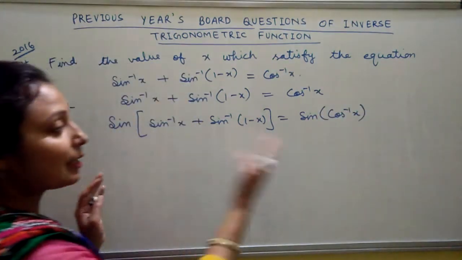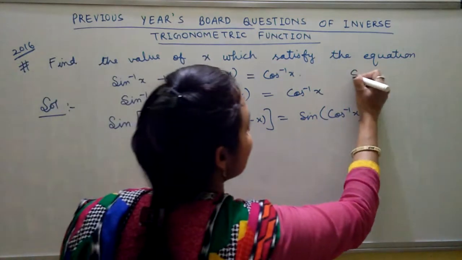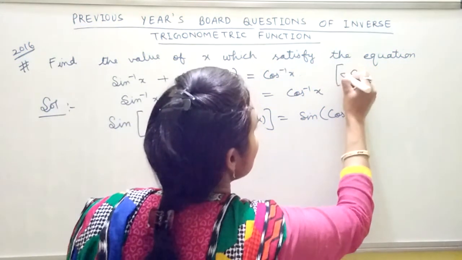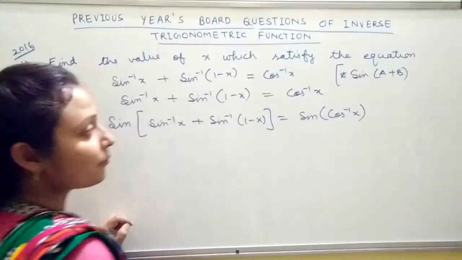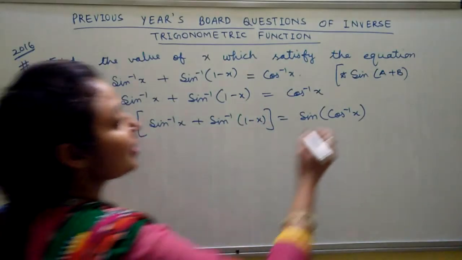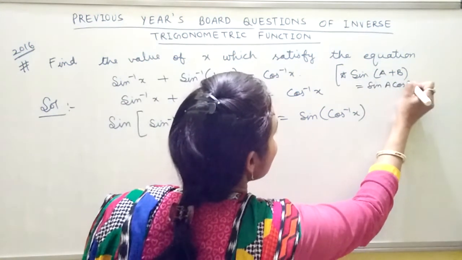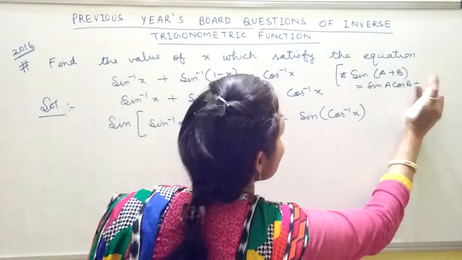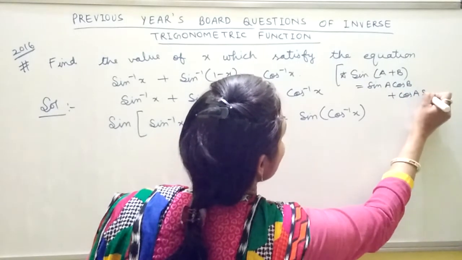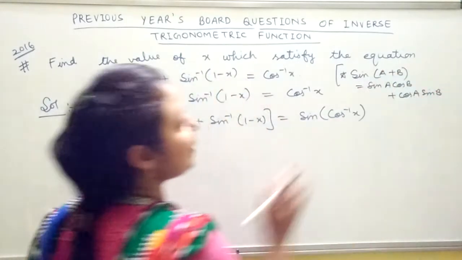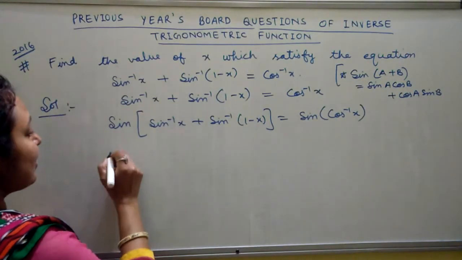I will apply the sine function on both sides. We have one formula of sine (A plus B), which is of class 11th. That is sine A cos B plus cos A sin B. This is the formula of sine (A plus B). I will apply this formula in this step.